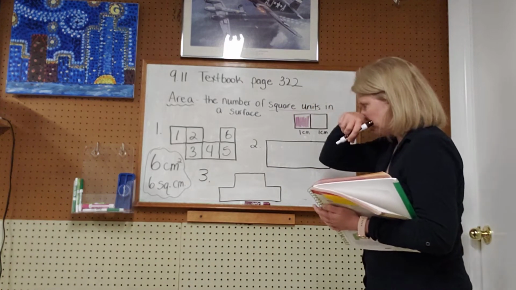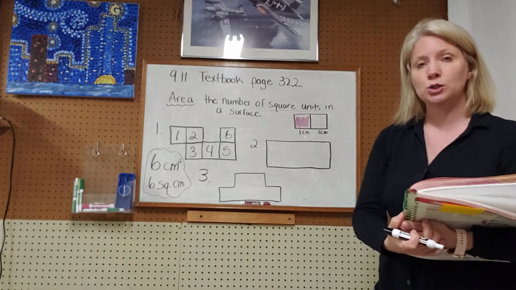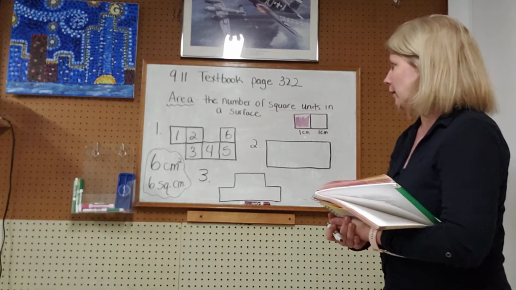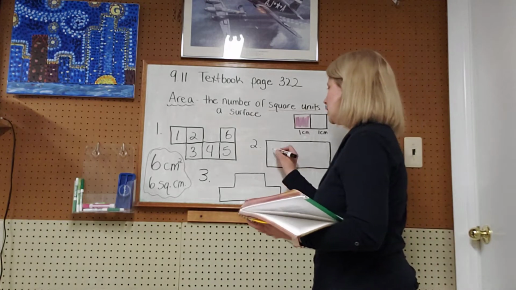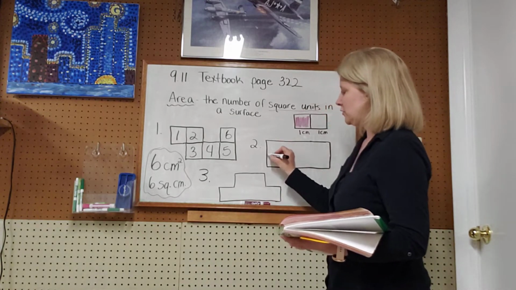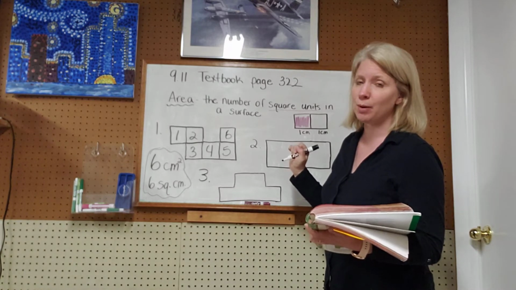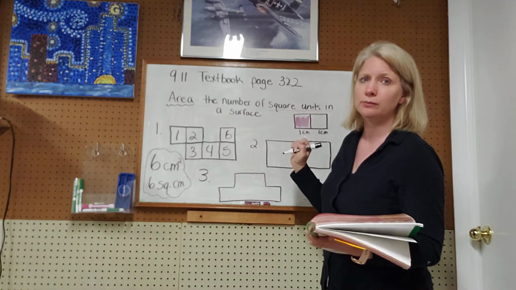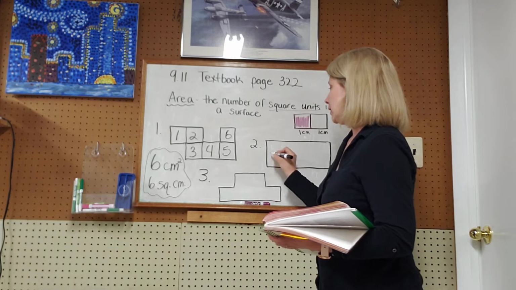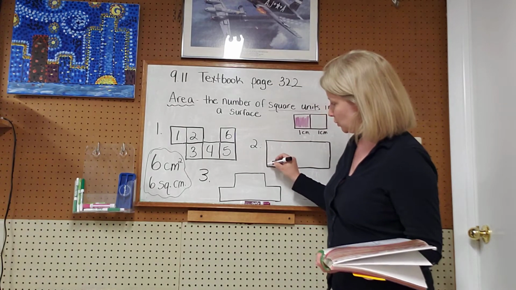Okay? Number 2, let's break that up into square centimeters. So this is going to measure for number 2. Using your ruler, go ahead and get that out. Pause the video if you need to take more time to measure it. It's going to be 2 centimeters.